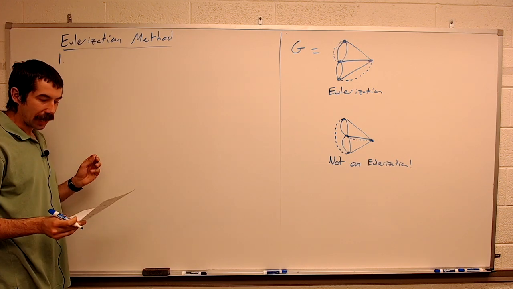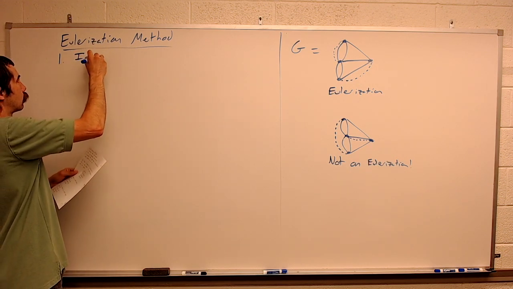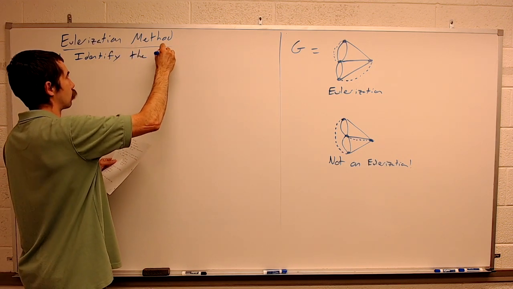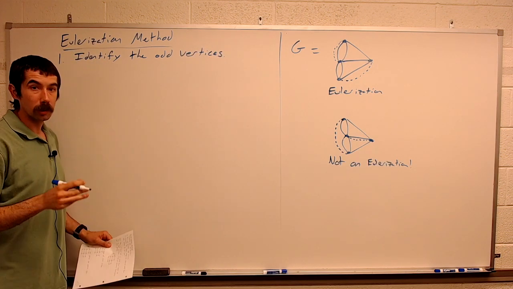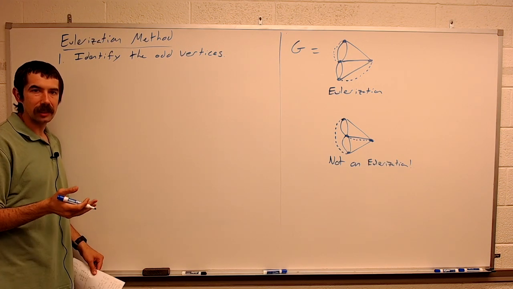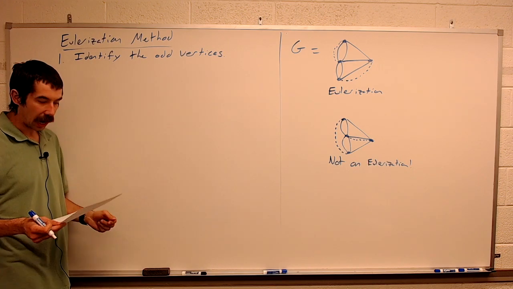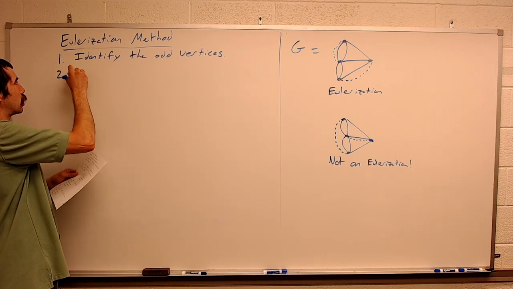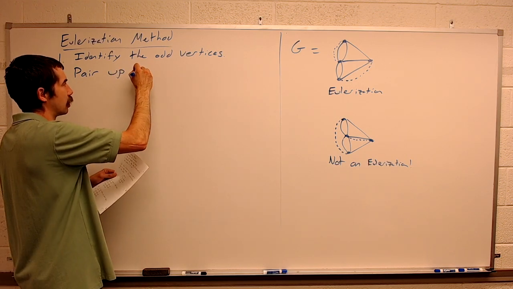First step, we're going to identify odd vertices. We have our graph, we're going to find the degree of each of the vertices and just figure out which ones are odd. Step 2 is we are going to pair up nearby odd vertices.